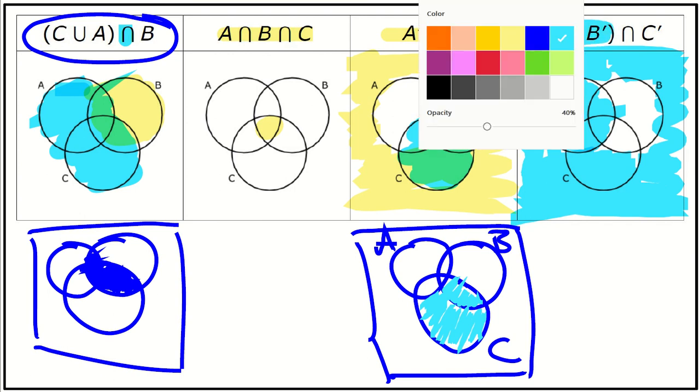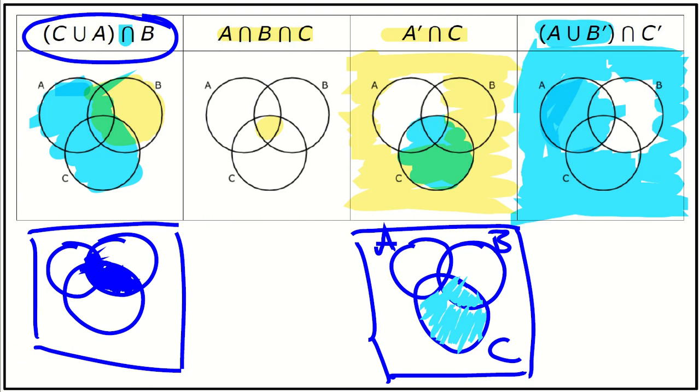Now I'm going to switch to another colour. And I want to do not C. So not C, I'm going to do it in yellow. So think about C, and not C is everything outside of it.